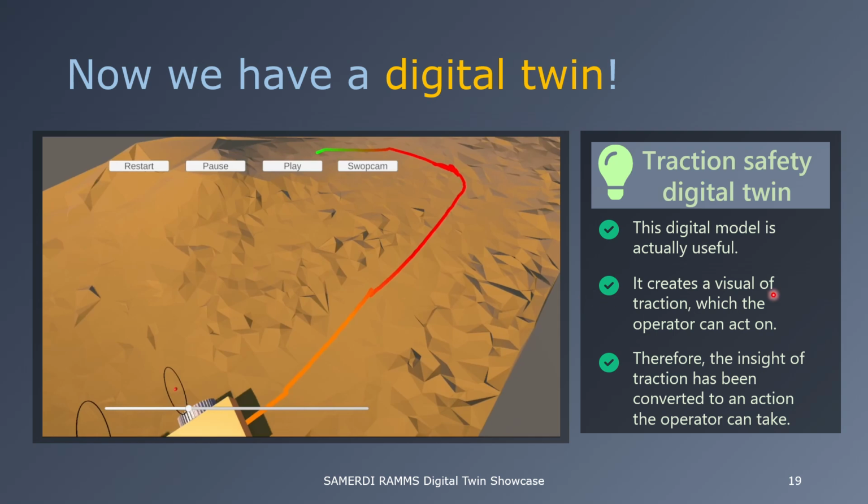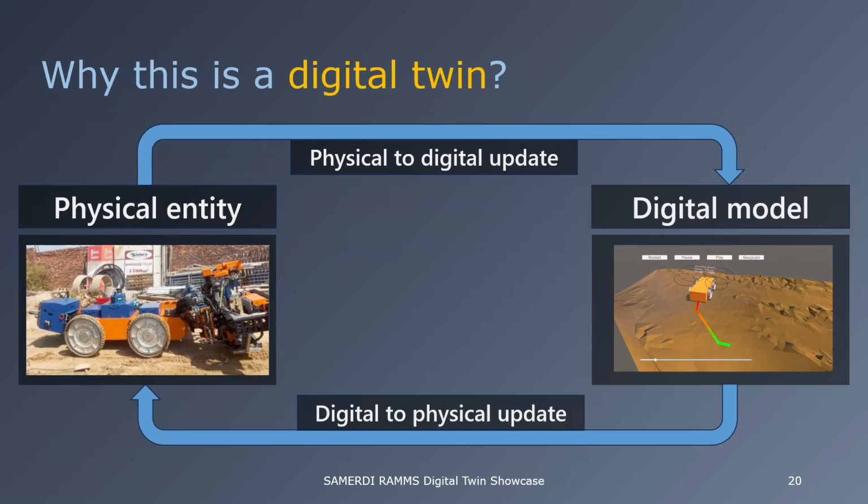So what I would argue is that this digital environment you see now is actually useful. It creates a visual demonstration of the available traction, and this the operator can act on. So therefore, we've converted the insight of traction into something we can take action on, which we call the actionable insight. And this, in turn, is what closes the digital twin loop. Let me just pause this quick.